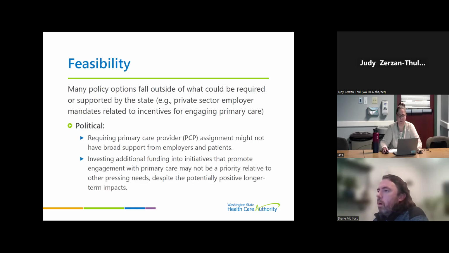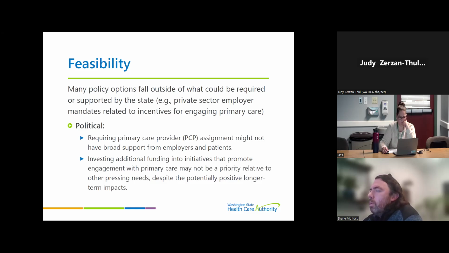Feasibility. In feasibility, meaning policies that could be recommended by the committee, there's a lot of policy options that really fall outside of what could be required or supported by the state. A really good example is private sector employer mandates. There are a lot of protections on what can be forced on employers to offer to their employees, particularly around healthcare. So there are some limitations there.